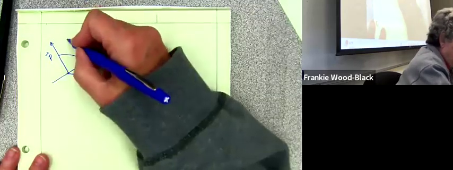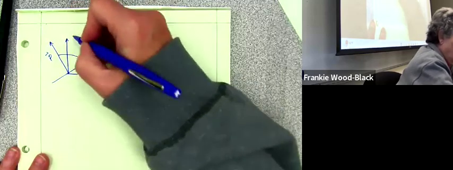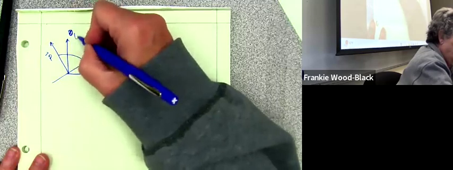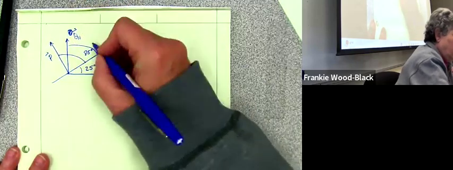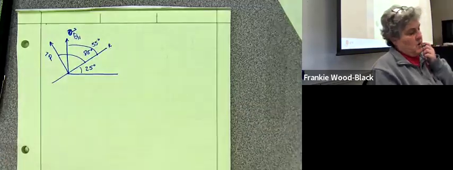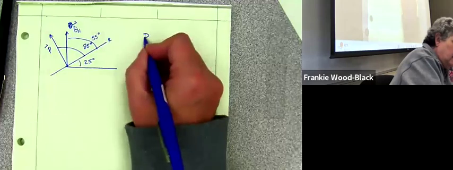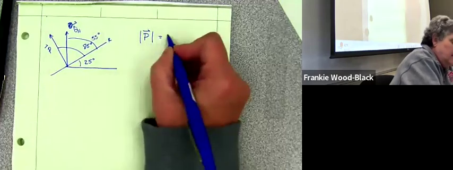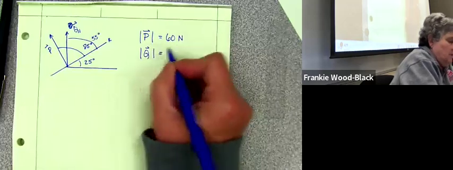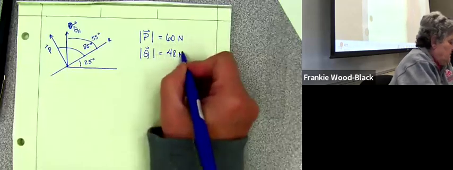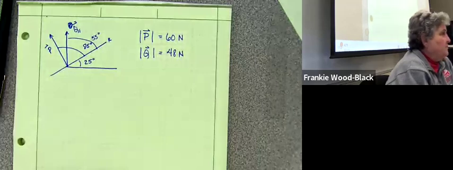And we're given that a vector Q is 55 degrees from that reference point. The magnitude of P is 60 newtons. The magnitude of Q is equal to 48 newtons. We want to find the resultant vector.